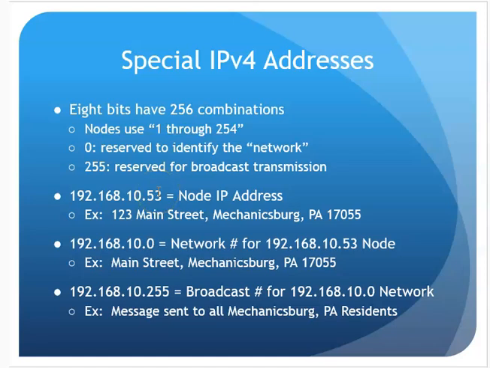That would be like the house address, like 123 Main Street, Mechanicsburg, PA, that actual house address. In this case, 53 would be that specific PC or printer on that network of 192.168.10.0. And last but not least, if I see a 255 in that host octet, that is usually a broadcast, a number that can get used to send a message to everybody in that 192.168.10 network. That's what that would allow me to do.